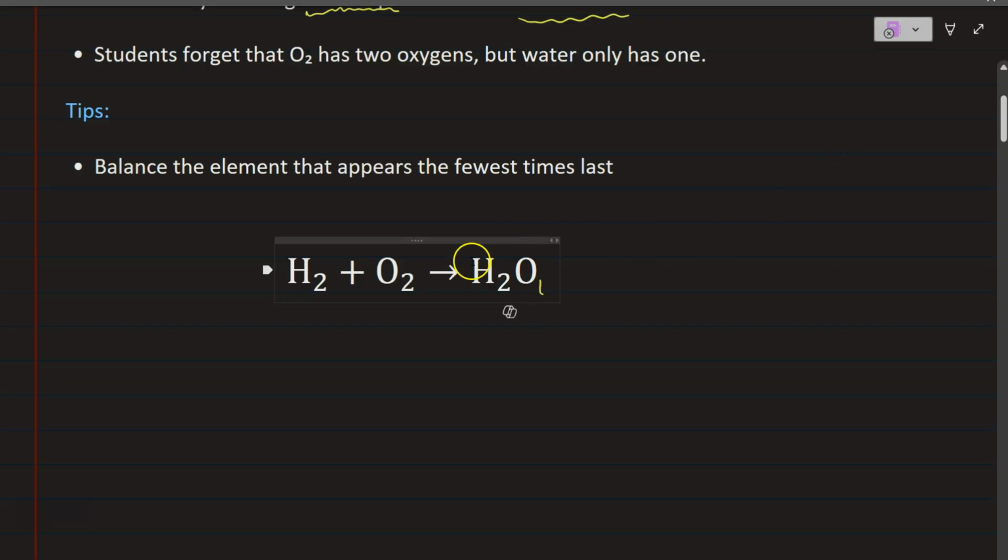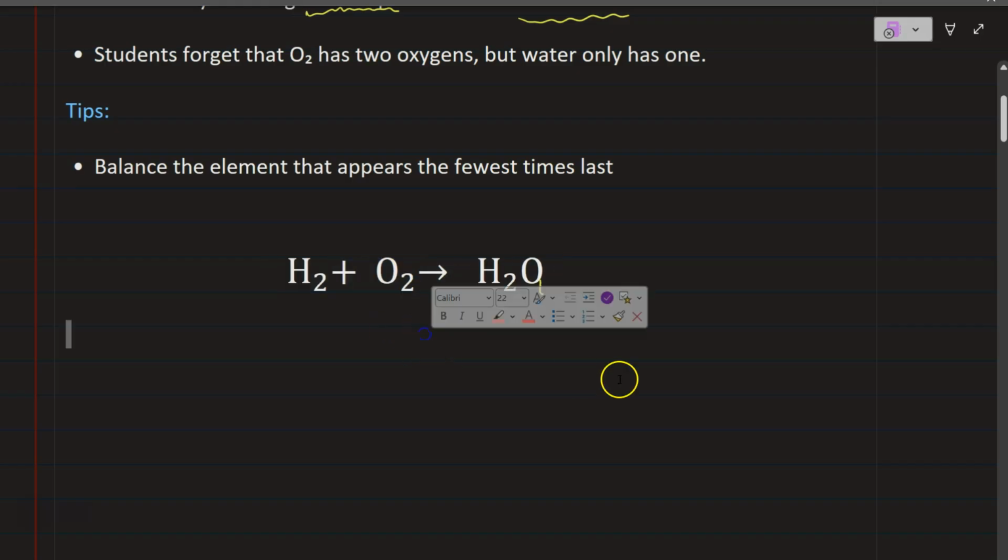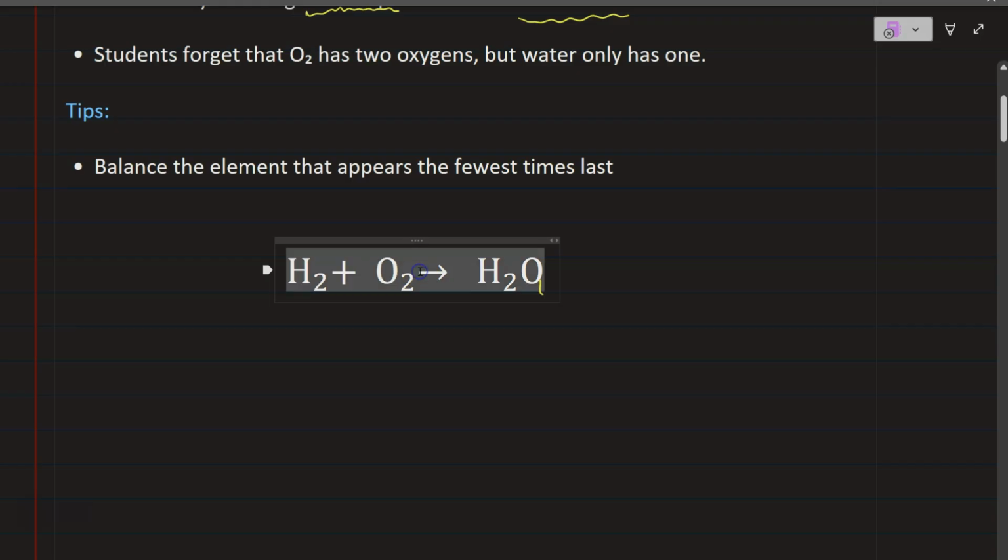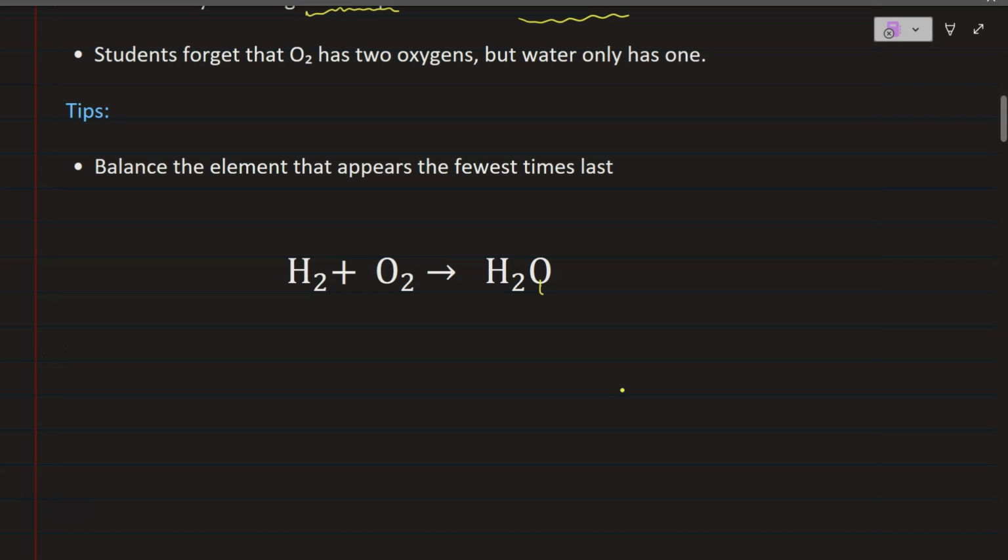So we're going to try to figure out what we can add so that we will end up having the same number of atoms on the left-hand side and right-hand side. We have 2 oxygens, so we need to have 2 oxygens, because the hydrogen is already balanced, but we're going to put 2 in front of the H₂O.